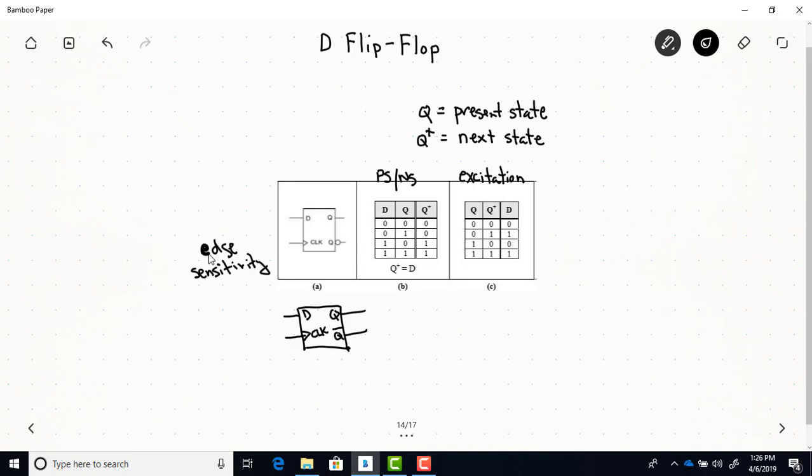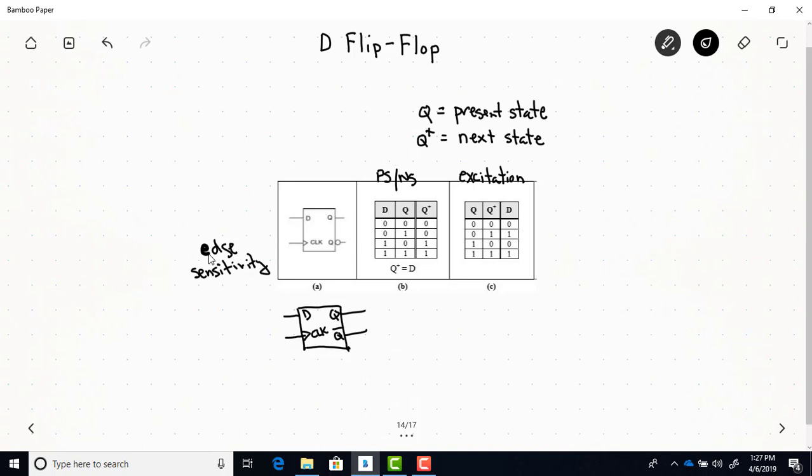So when you look at this present state, next state table, it's telling us that if the D input is equal to 0 and the present state of the Q output is 0, well, the next state of the Q output is going to be 0. And if the D input is 0 and the present state of Q is 1, well, the next state of Q will be 0.